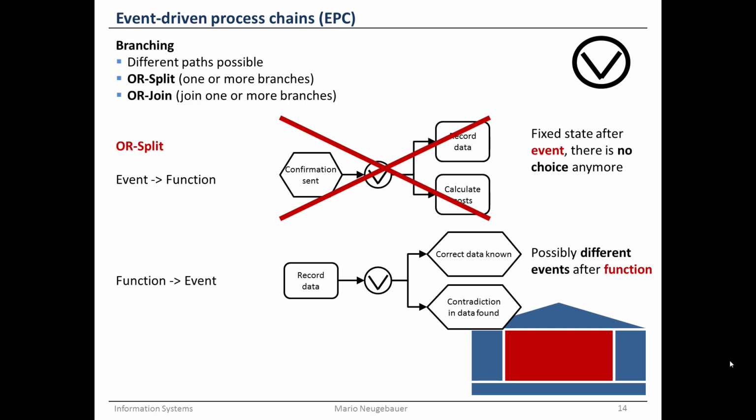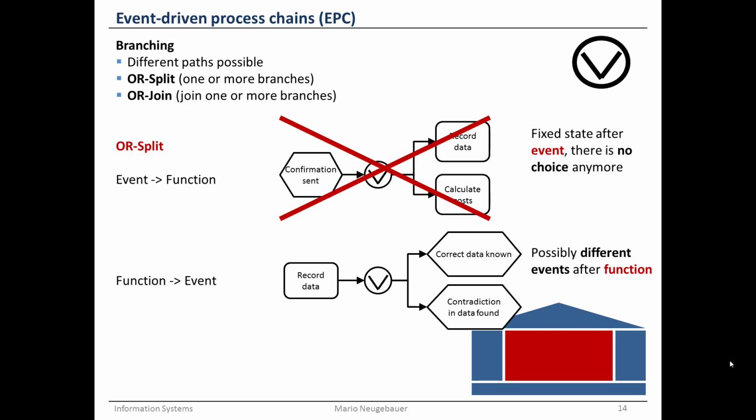In other cases, it might be more significant that you might choose both sequences, that you might decide to go in either one direction or the other direction, or maybe both directions. And what is explicitly allowed in this OR split is that you finish a function, and after the function, you look at the result, and the result then tells you, are the data correct?